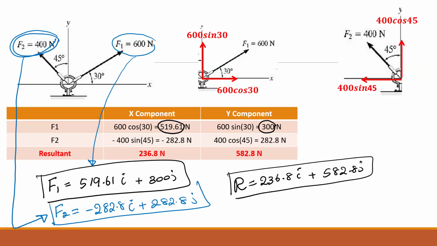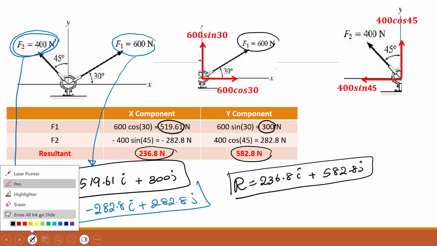So if we know the x component and the y component, how can we find the magnitude and the direction? You go backward now. Before, you knew the 600 and you found the components. Now you know the components, you're going to find the resultant force magnitude.